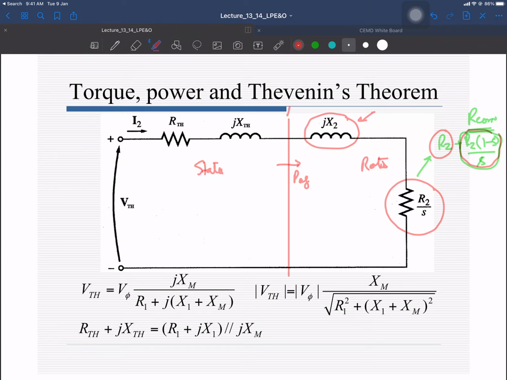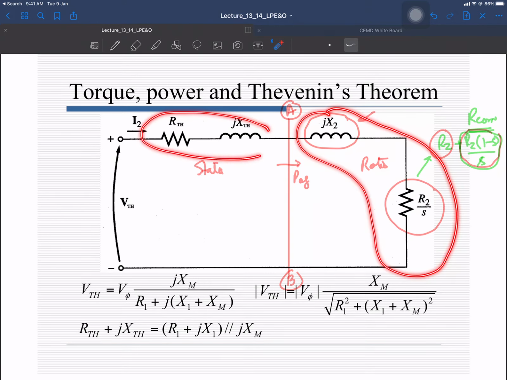So if you are looking at this point, points A and B, the rotor circuit will be extracting the maximum power when the impedance of this side becomes equal to the impedance of your source side. Looking from points A and B, this must become equal to the impedance that is shown by this Thevenin impedance.